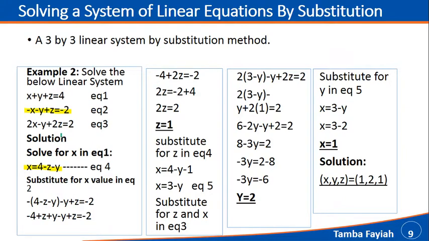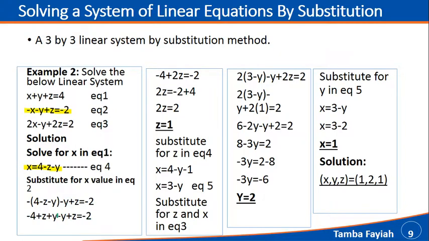The y remains as minus y, and the z remains as z, equals minus 2. If you simplify it, minus times 4 will give you minus 4, minus times minus z will give you plus z, minus times minus y will give you plus y, minus y, z equals minus 2.